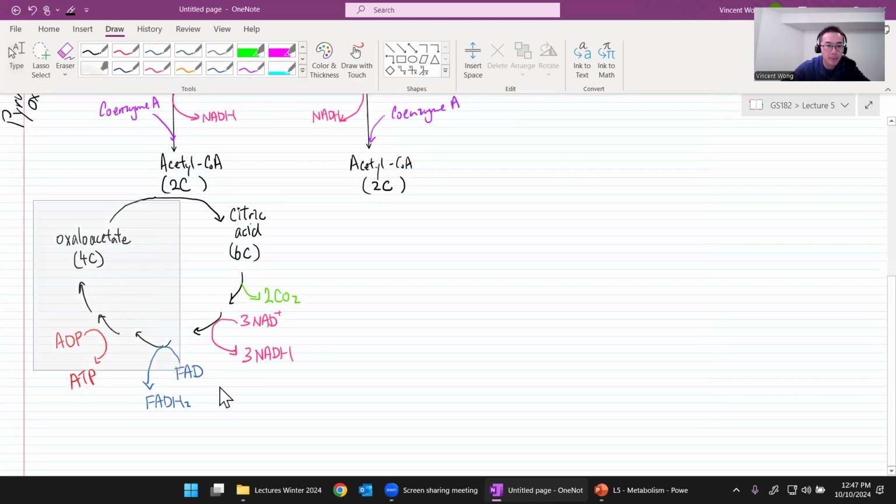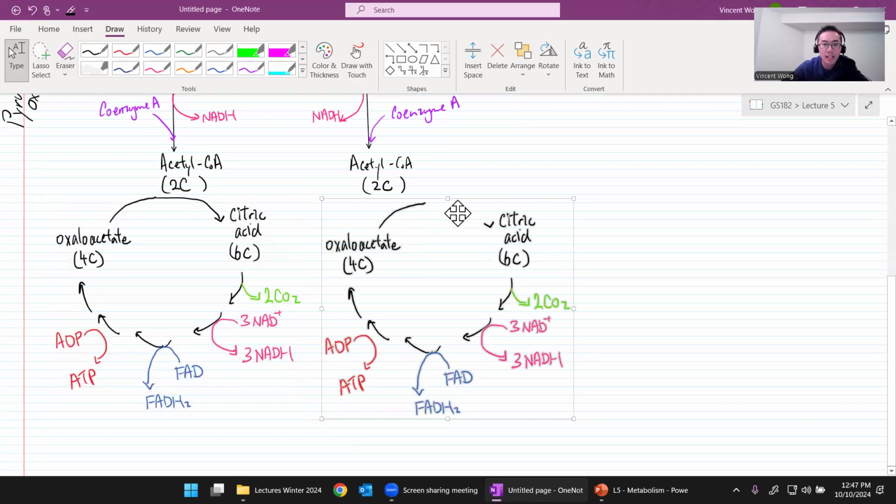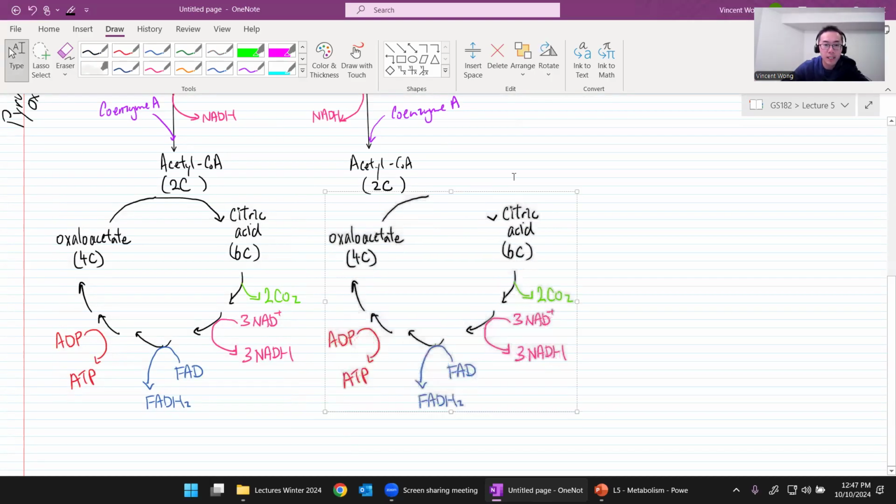But as I have been trying to tell you, this is going to happen twice for every glucose. Right? So at the same time this is happening, the other acetyl-CoA is going to do the same thing. So you end up having 4 carbon dioxide, 6 NADH, 2 FADH2, and 2 ATP.